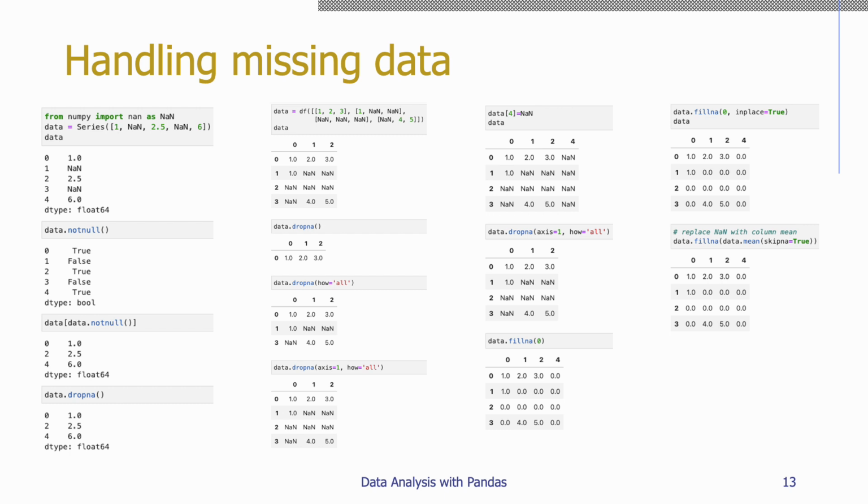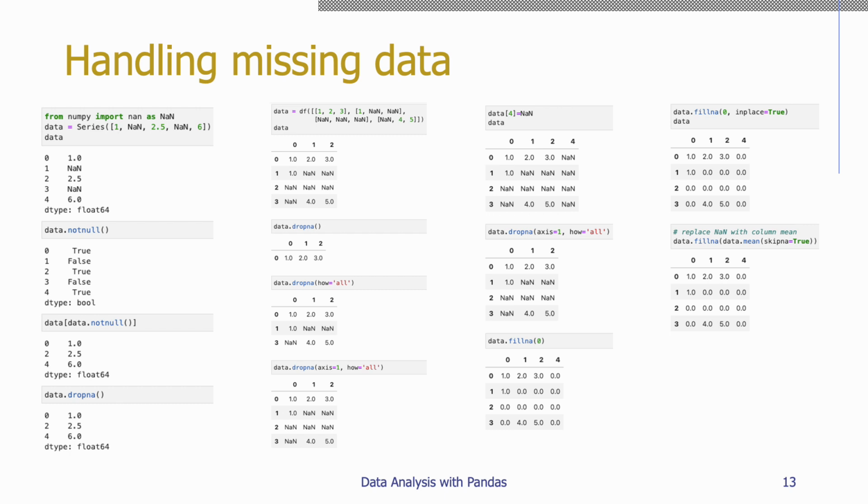Another concept worth mentioning in Pandas is how to handle missing data. As you see on the left hand side, starting from the top left, in this example, let's create our data that has None values. DataFrame.notnull is an alias for DataFrame.notna.